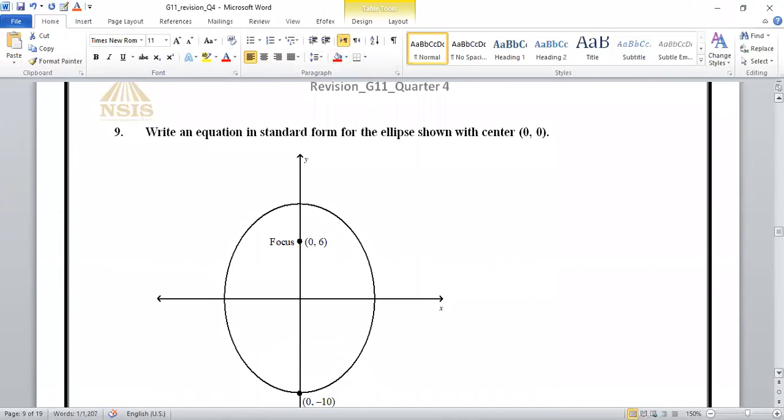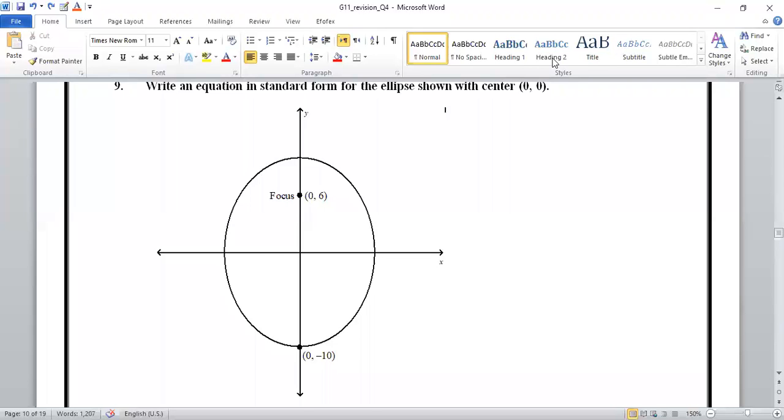Write an equation in standard form for the ellipse shown with center (0, 0). It has focus (0, 7) and one vertex (0, -10).